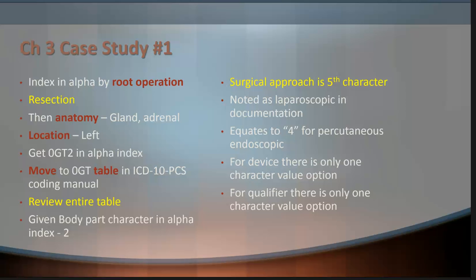When we move across the row, the 0GT2 row, we also note that there was no device left in this patient at the conclusion of this procedure. Yes, they use a device, they use something called a laparoscope, but they didn't leave the laparoscope in the patient. So we have no character value.